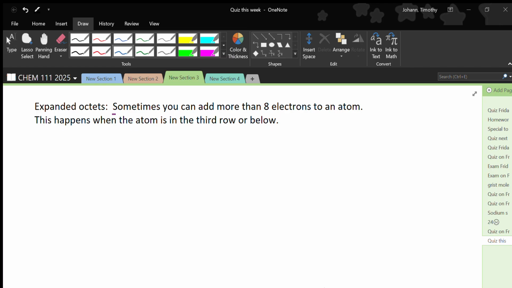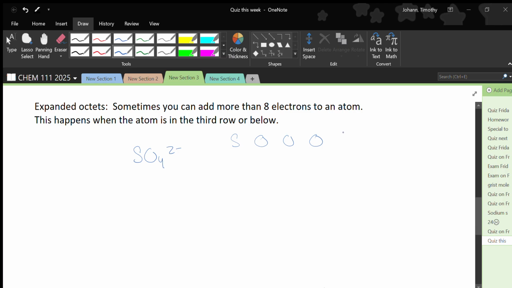All right, but if we look at sulfate, sulfate is SO4 2 minus. And so what we can do with sulfate is we can go, you got sulfur, oxygen, oxygen, oxygen, right? And then we have a 2 minus charge, not 2 extra electrons. That's what it ends up being. 2 minus is my charge.